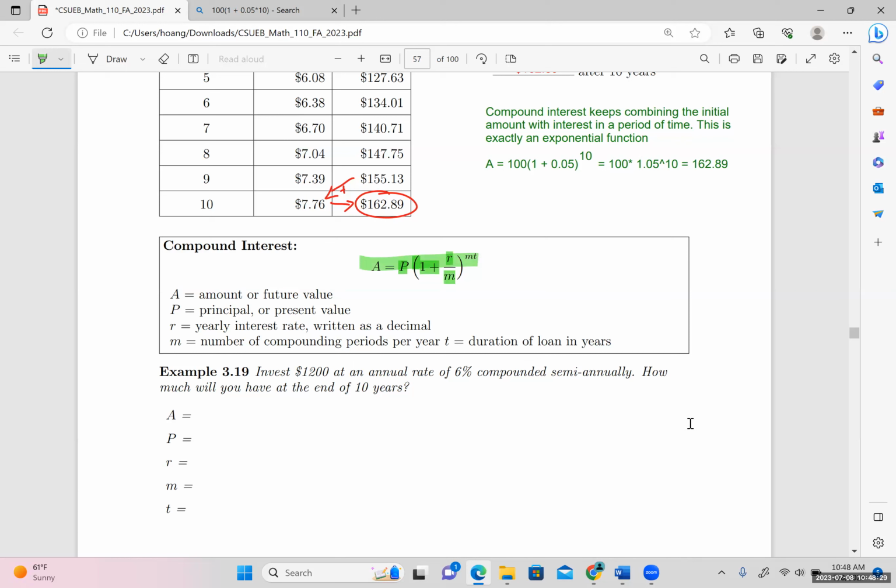I have A equals P times (1 plus R over M) raised to the power MT. What's M here?